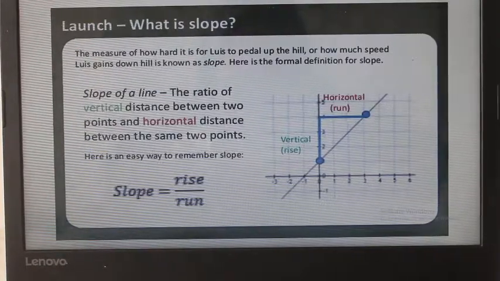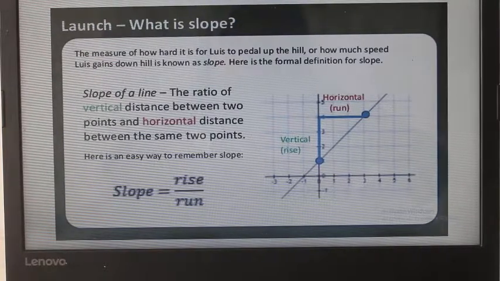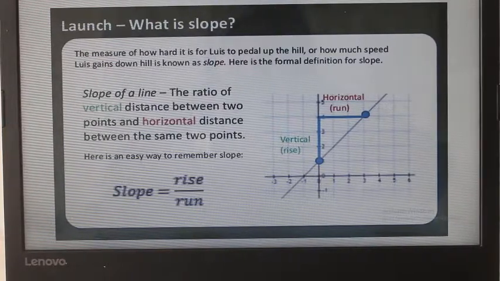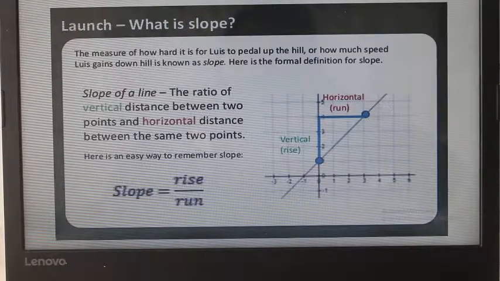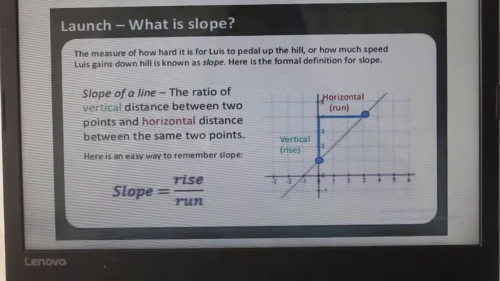The measure of how hard it is for Louis to pedal up the hill, or how much speed Louis gains downhill, is known as slope. Here's the formal definition for slope.